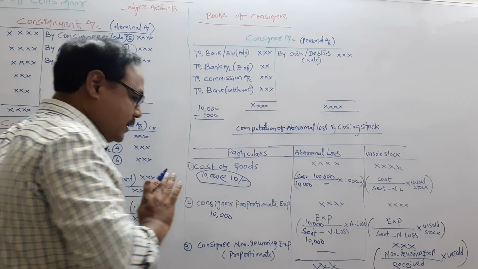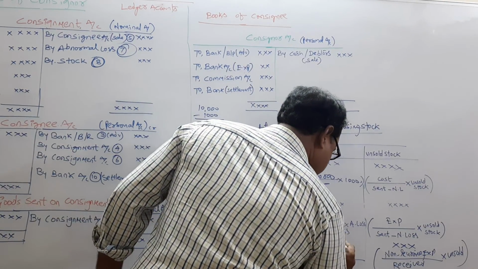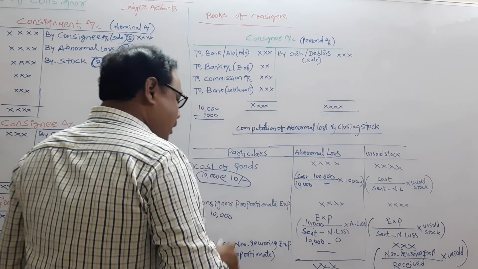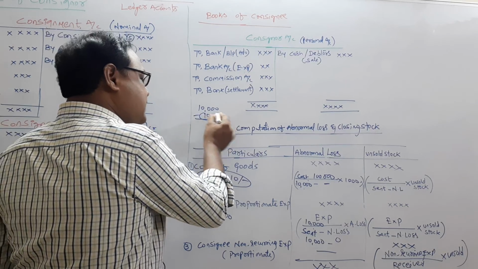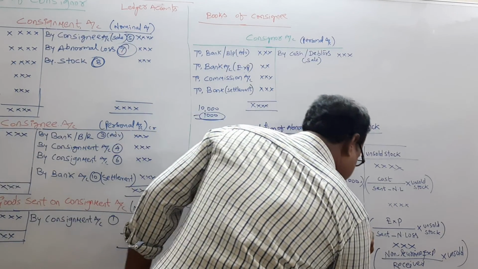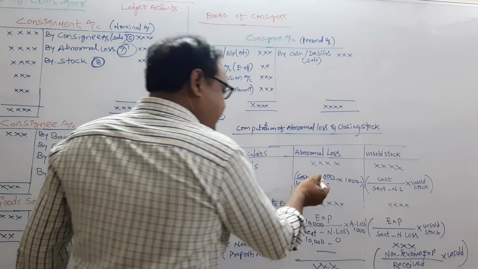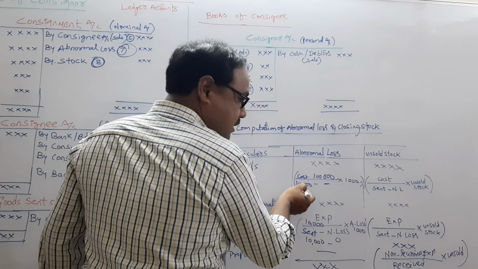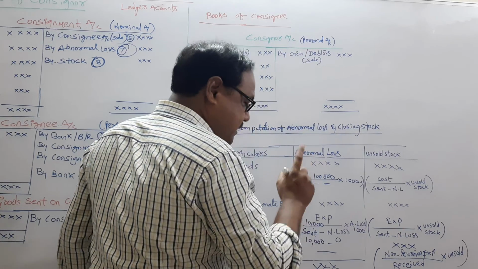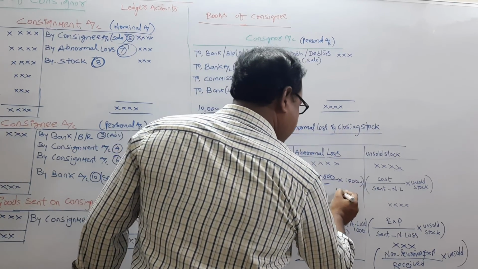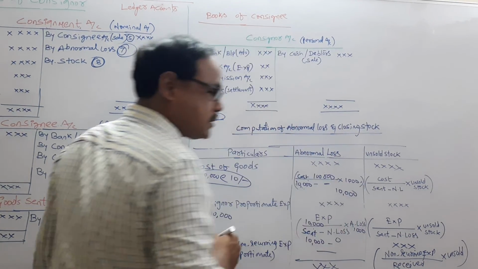Normal loss is nil. Now how many units are lost in transit? 1,000 units. Now calculation, 1 lakh divided by 10,000, that is 10 rupees, into 1,000, 10,000 rupees.